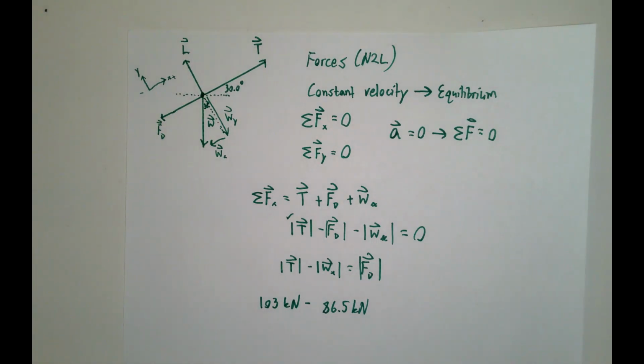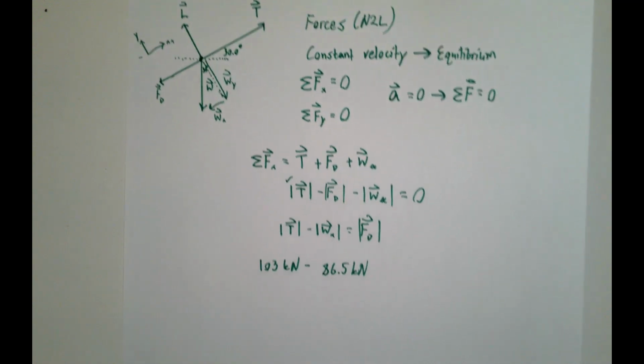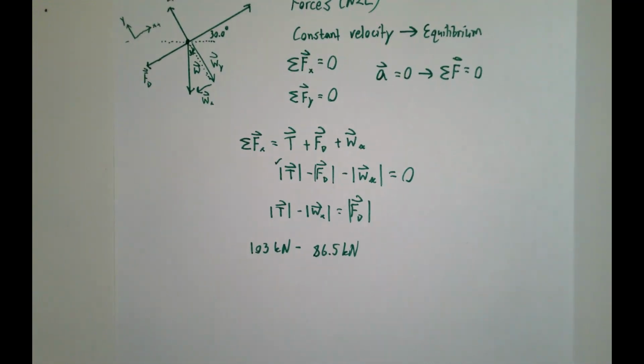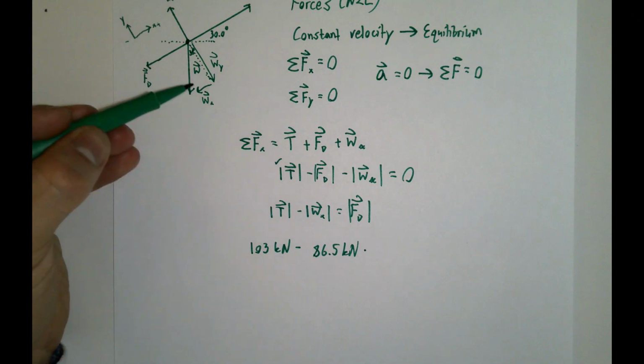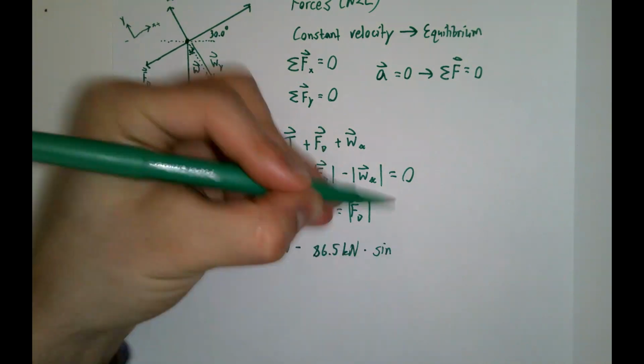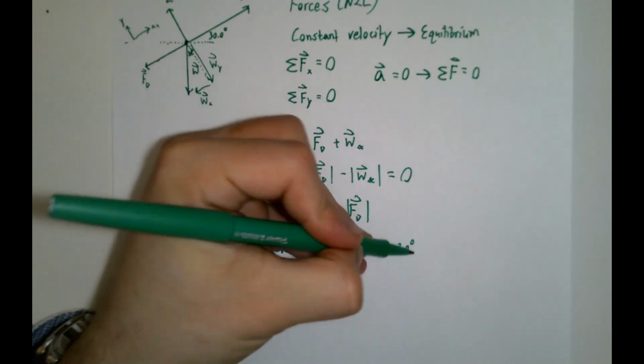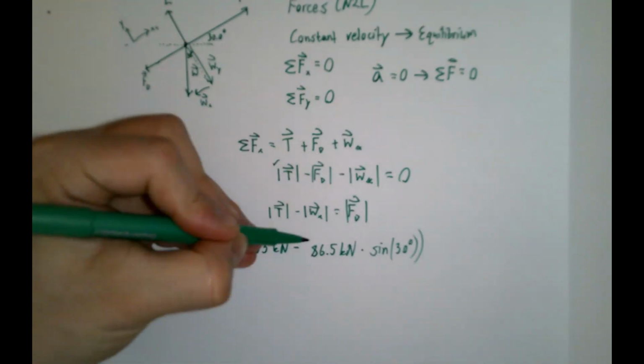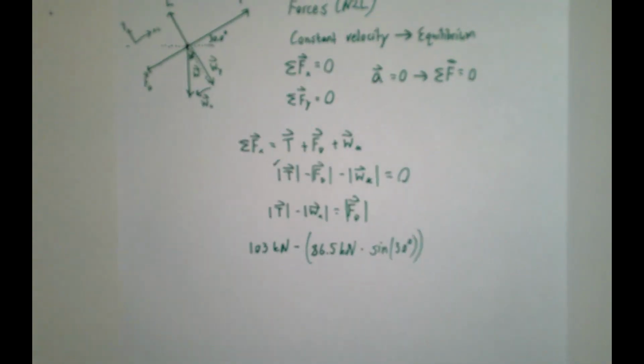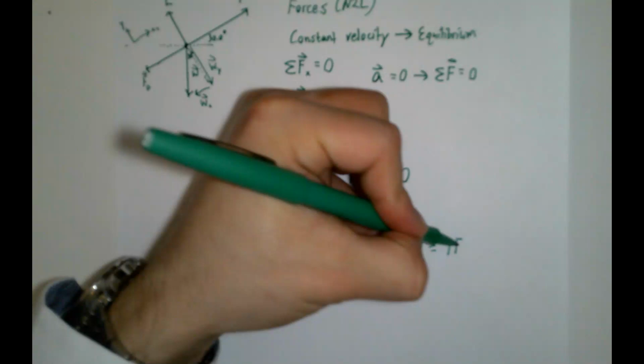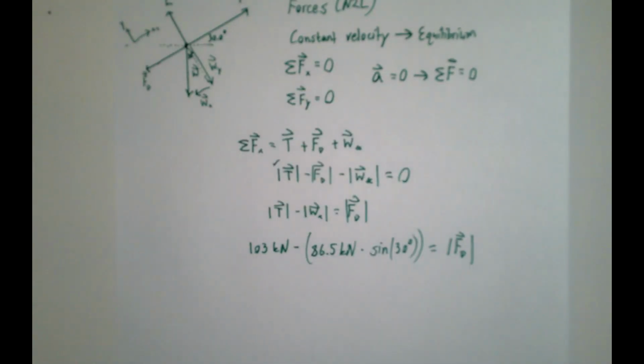Just like a kilometer would be 1,000, so 1 kilonewton is 1,000 newtons. Times, what did we say again? Sine of 30 degrees. This all together, and that equals my force of drag. There's my force of drag. So we found the force of drag.